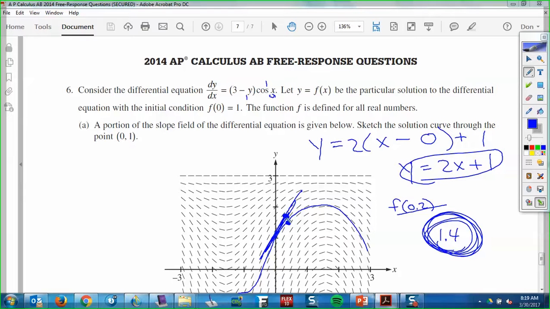Another thing I've seen them do is ask, is this approximation an over or under approximation of f of 0.2? Well, in this case, because we can see the picture, it's an over approximation, right? This point is actually above the curve. But as long as we stay right in this area, which is why they did 0.2, locally linear was a term we used, then that is going to be a pretty close approximation.